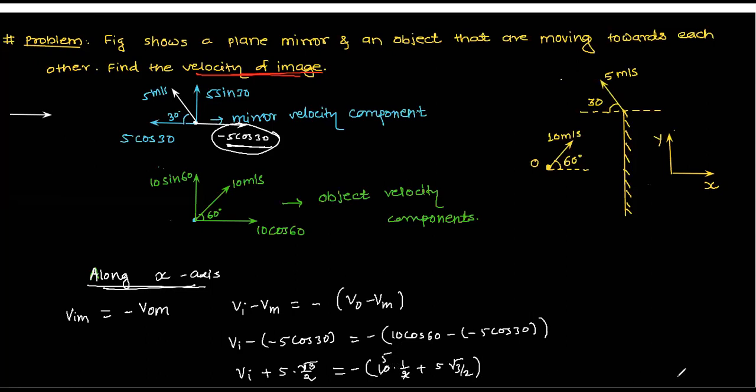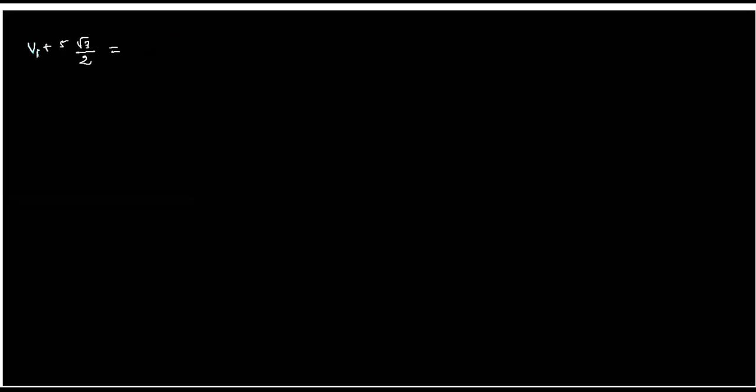So I am getting minus common 5 plus 5 root 3 by 2. Now I am transferring this here because I want the Vi value.